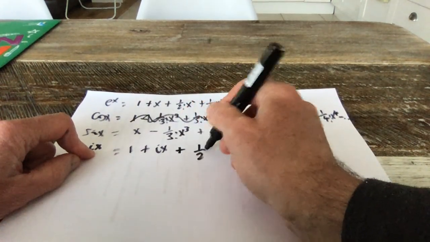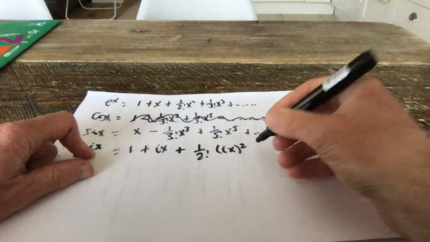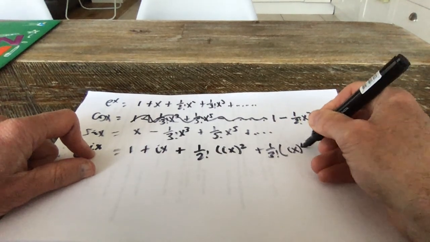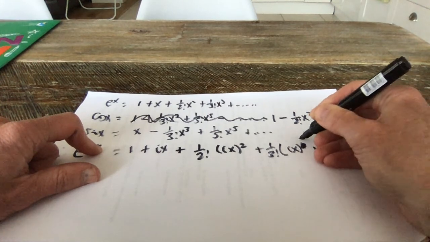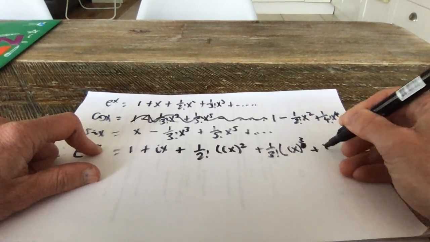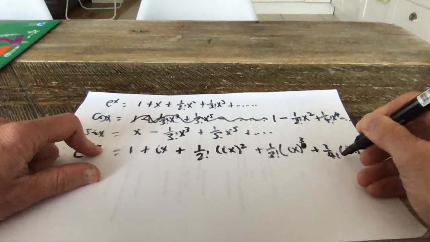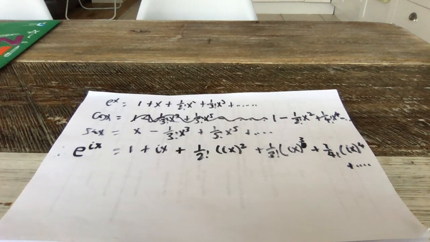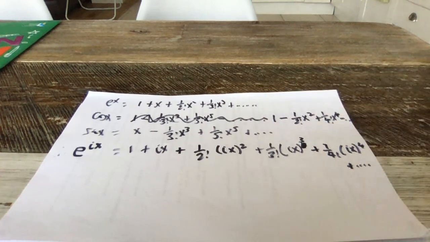Plus 1 over 2 factorial ix squared plus 1 over 3 factorial ix cubed plus 1 over 4 factorial ix to the power 4, and so on. All I've done there is, in the expansion for exponential x, replaced x by ix.